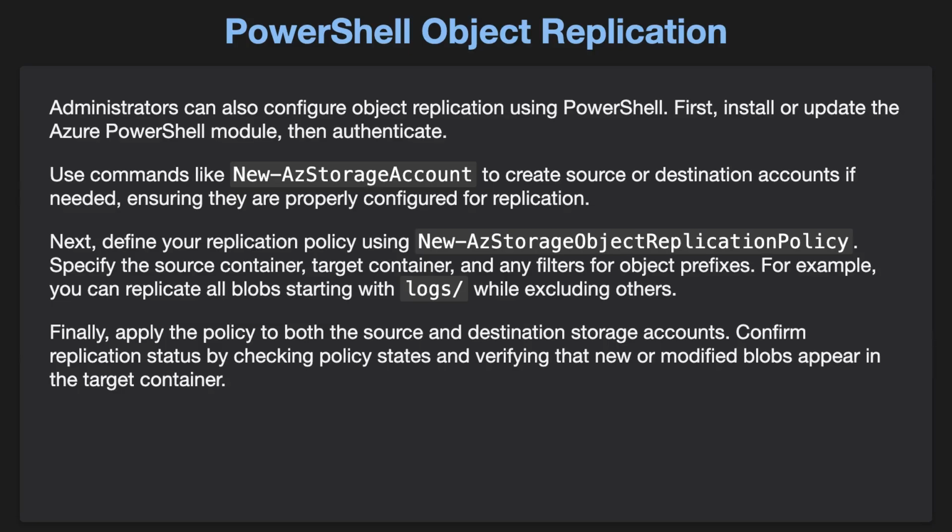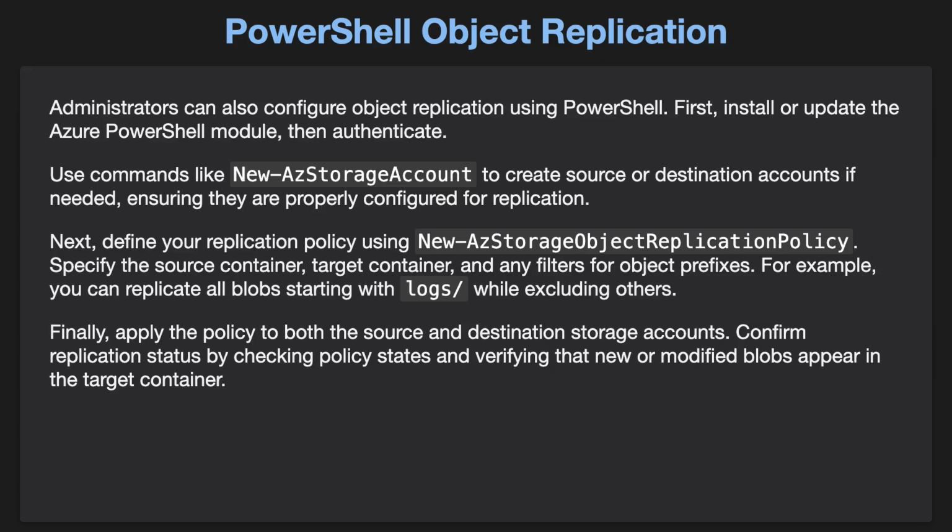Administrators can also configure object replication using PowerShell. First, install or update the Azure PowerShell module, then authenticate. Use commands like New-AzStorageAccount to create source or destination accounts if needed, ensuring they are properly configured for replication. Next, define your replication policy using New-AzStorageObjectReplicationPolicy.